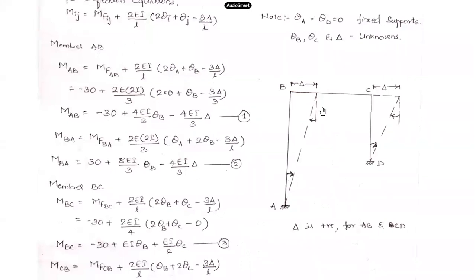With respect to joint B, the member is again rotating in the clockwise direction. Due to that clockwise direction, delta will be assigned a positive sign. Like that, I have chosen the sign for delta for the term minus 3 delta upon L.